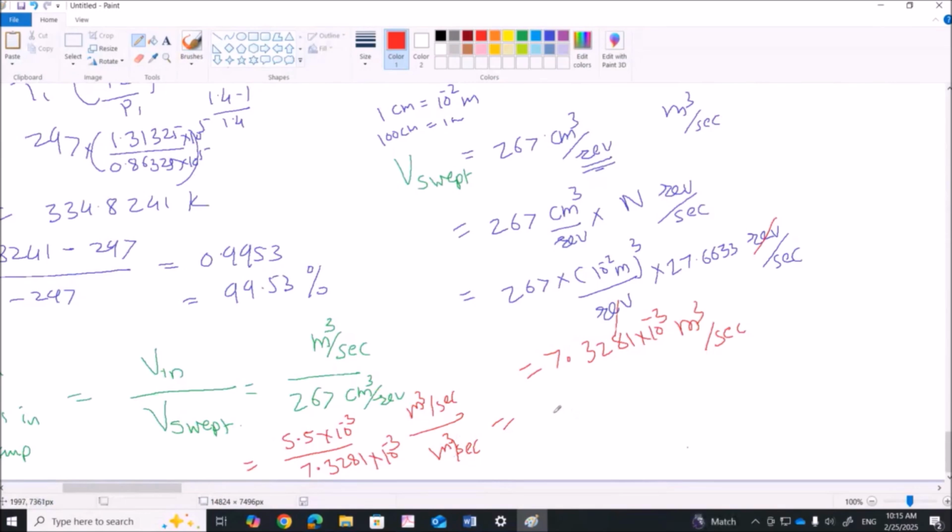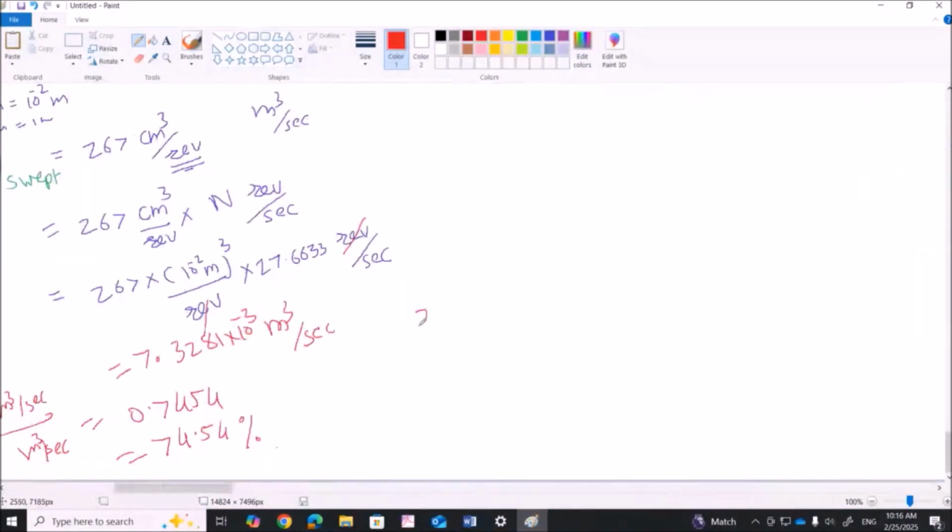So this will get cancelled and I will get the volumetric efficiency as 0.7454, which is nothing but 74.54%. And now the last calculation, the overall efficiency of the thermodynamic system.